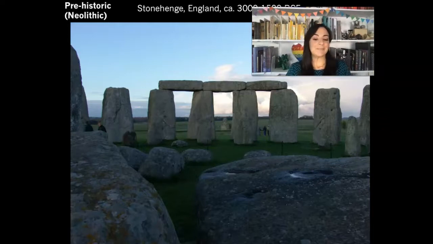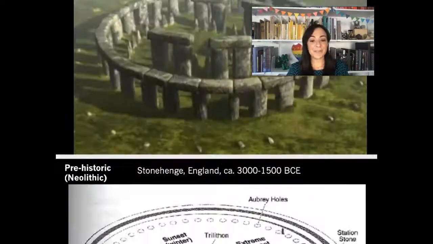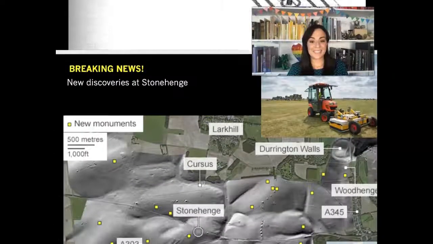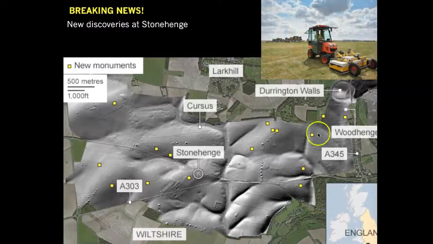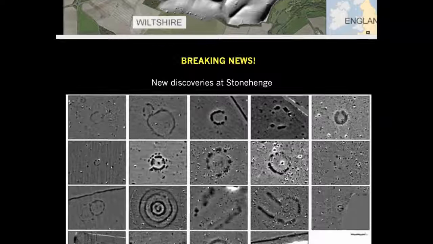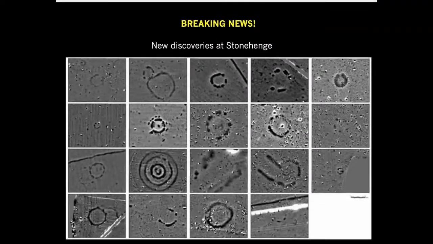It's pretty cool, right? I know. What's even more cool is that recent study of the larger site using this contraption here. It's basically an ultrasound machine that was hooked up to a tractor and run across the valley around Stonehenge, and what they found were more stone circles hidden underneath the surface of the land.